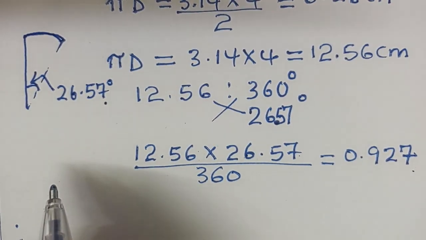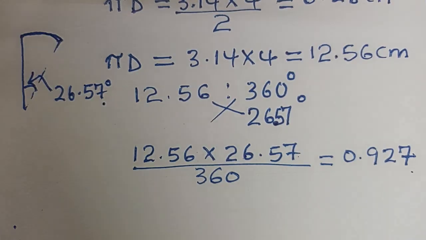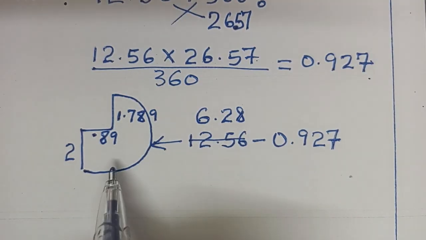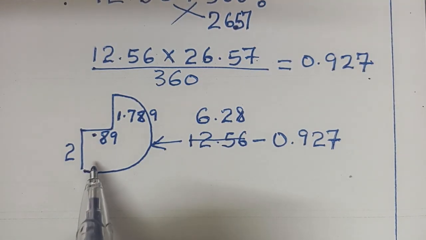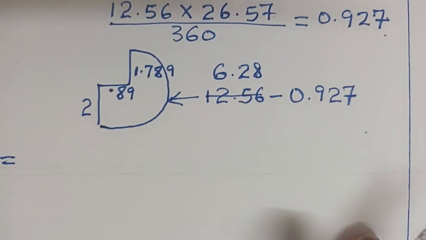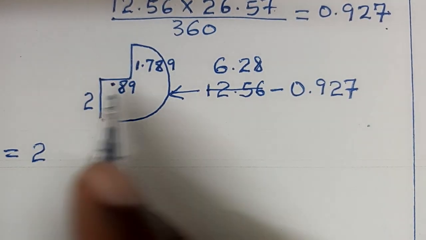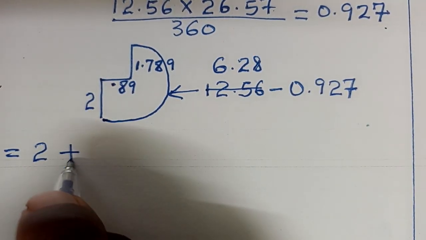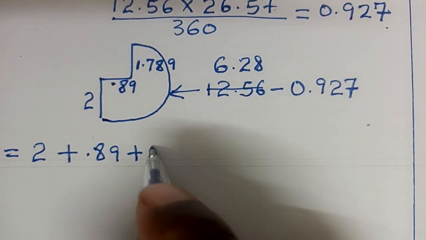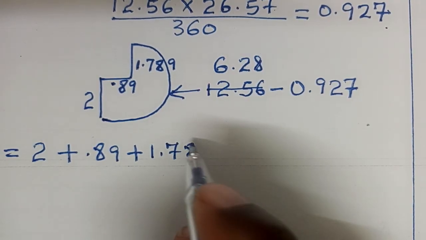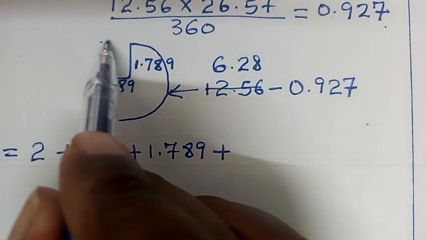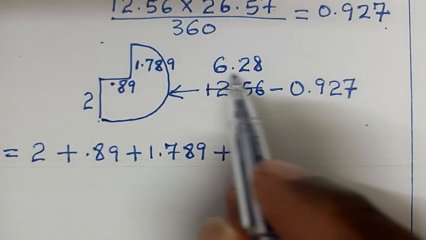So guys, for the perimeter now, this is what we have. And so therefore guys, now we have our perimeter, our circle here, which is all the shaded part. And so guys, here we shall have 2, which is the radius, plus we can add 0.89 plus 1.789 plus the whole of this from this point up to that is 6.28.